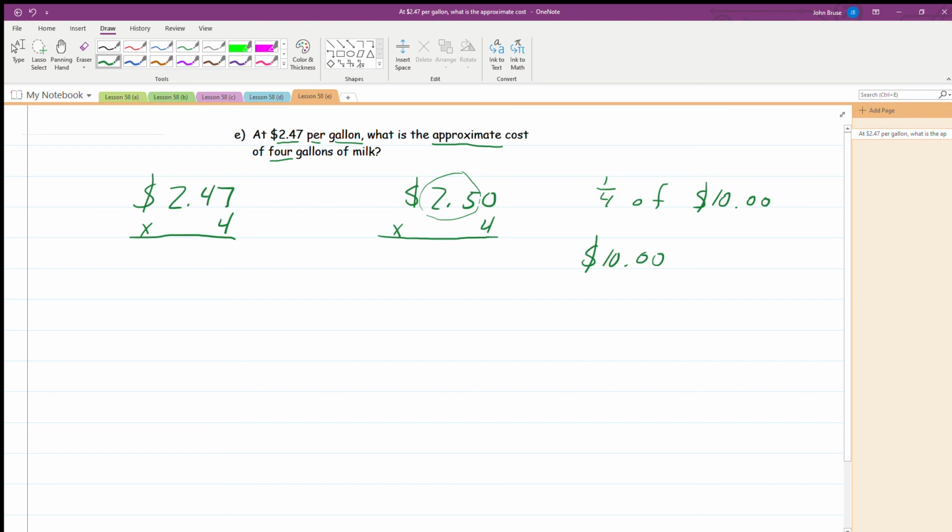You can work that out if you need to, but you can also do it in your head if you have a good understanding of how fractions and quarters and stuff works. So our last problem, the answer is going to be $10. The question is, what is the approximate cost of 4 gallons of milk? Would be $10. All right, and that's it for lesson 58.